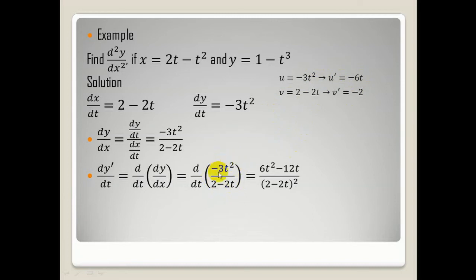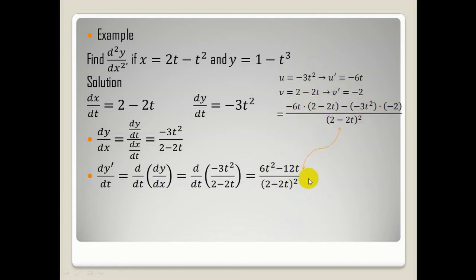Because this is the quotient rule: u prime times v, where v is 2 minus 2t, minus u, which is minus 3t squared, times v prime, which is minus 2. So the result is like this.